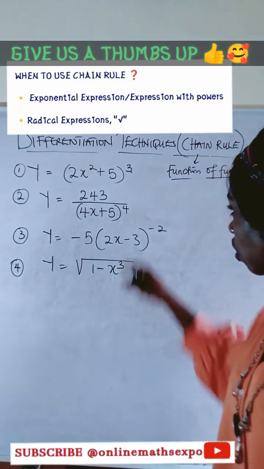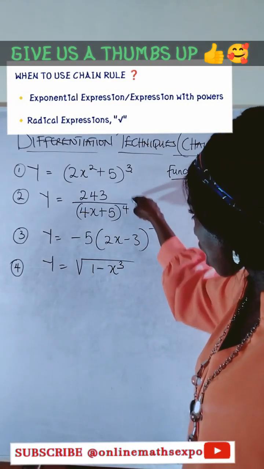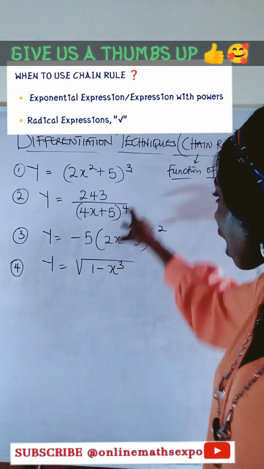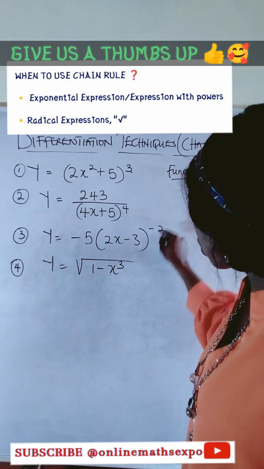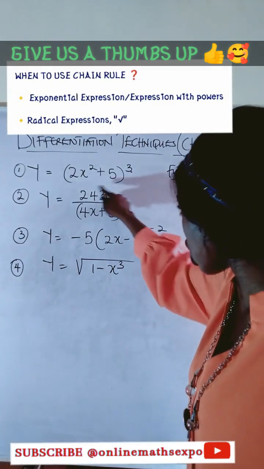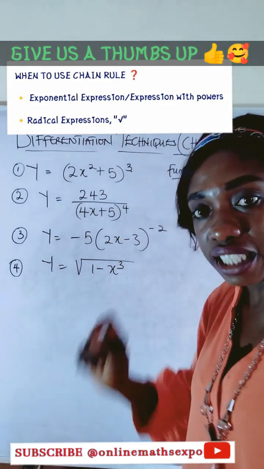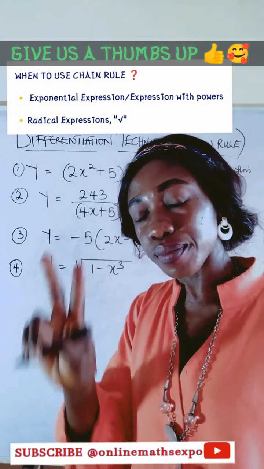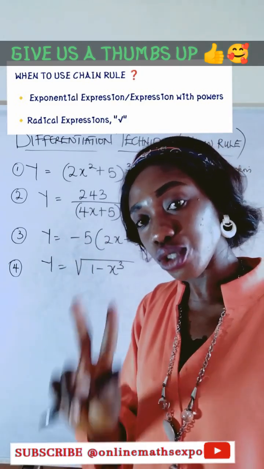You may ask, what about this one that is in a fraction? Can I still use chain rule? Yes. Remember, you can easily replace this with its exponential form, then you can still use your chain rule. So you see the two cases that enable you to use chain rule.